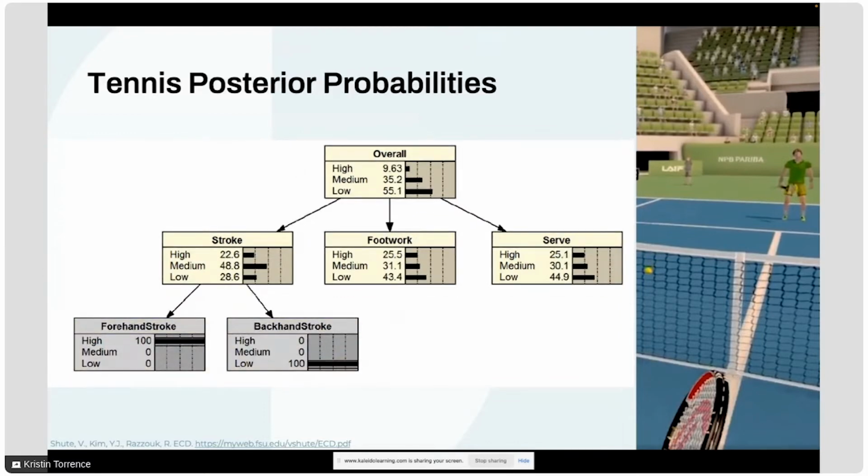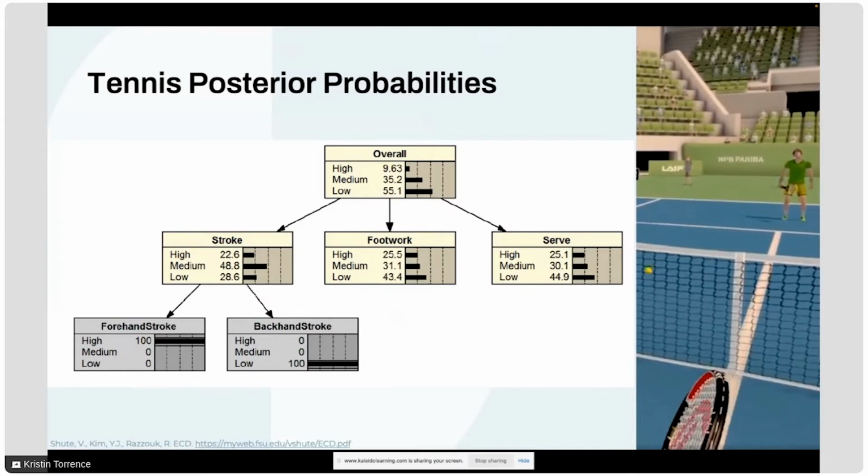So how does this work? Given these original statistical probabilities, how does it work with the evidence model? Prior probabilities refer to the probabilities before evidence is entered, and posterior probabilities refer to the resulting probability once evidence is entered into the model. So it's really the revised or updated probability of an event occurring after taking into consideration this new information, which comes in the form of the learner's decisions in the VR experience.